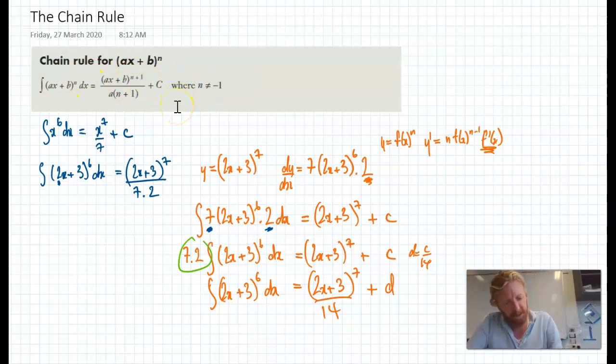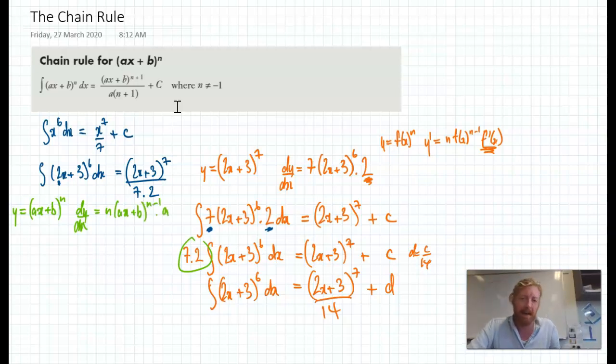Let's do it in general. In general, I'll do that over here. If I have y, we'll do the exact same process, but just for ax plus b. y equals (ax plus b) to the power of n, so dy dx equals n times (ax plus b) to the n minus 1, times a.